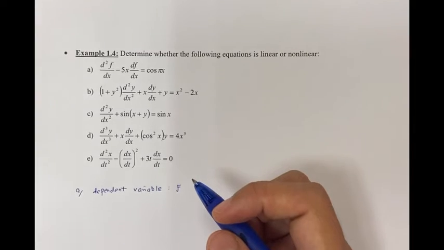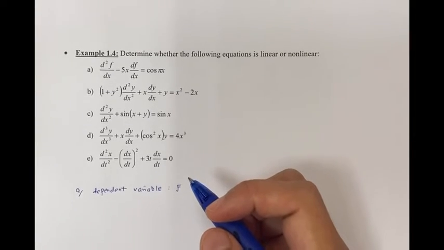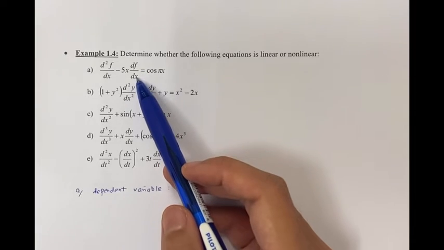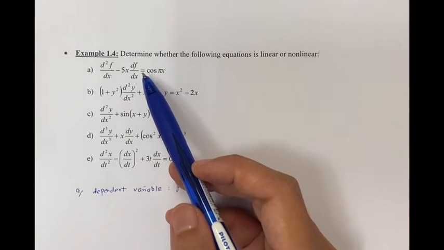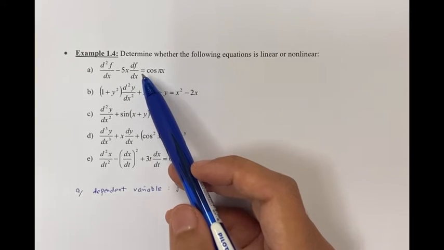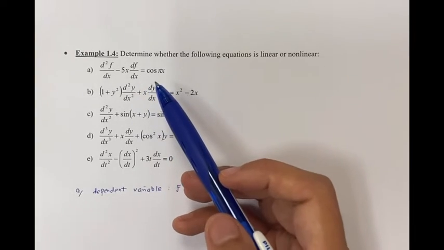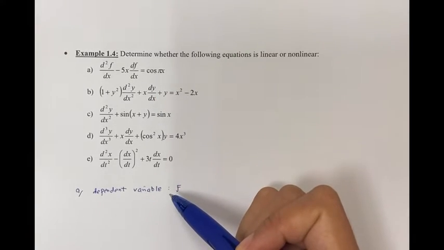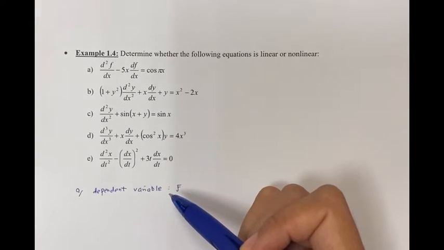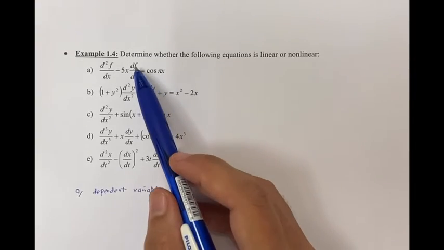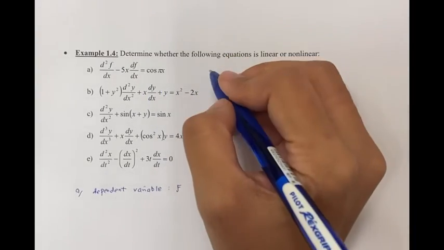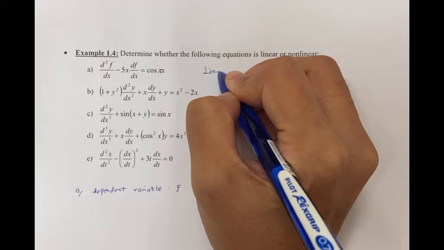Moving to the second condition, there is no df over dx to the power of any number, so we pass that too. For the last condition, we check whether the dependent variable f is in a non-linear function. We don't have any non-linear f. So for A, it is a linear equation.